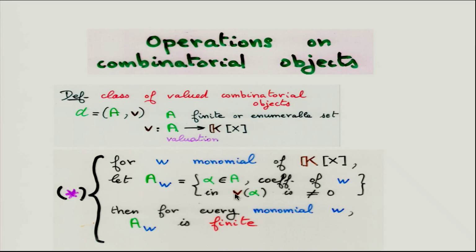I take all the objects which contribute by their weight to the monomial W. For example, for the partitions of an integer with the weight q to the power the number of cells, I fix n and I take all Ferrers diagrams contributing to q to the power n, so there is a finite number. It's all possible partitions of n. And condition star tells you that for every monomial, this set is finite.